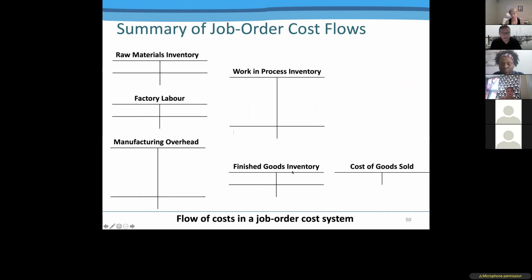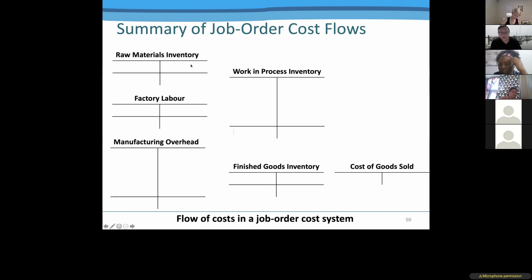But I also have two clearing accounts, factory labor and manufacturing overhead. Remember, at the end of the accounting period, the balance of these 2 accounts should be 0. These 2 are the clearing accounts. And then we have a cost of goods sold account. This is when we actually sold some of the goods, right?